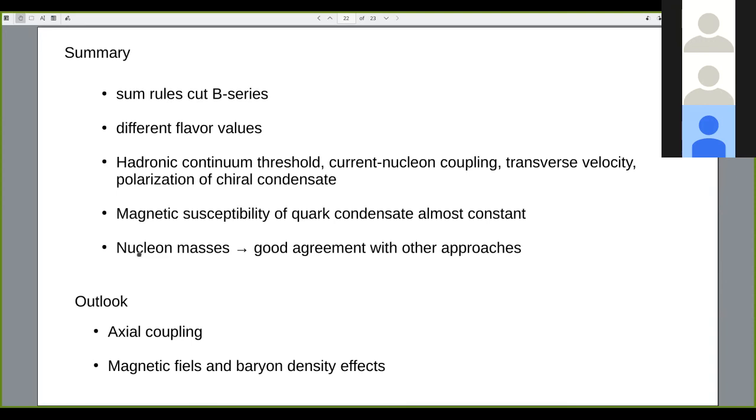Most of the works consider this as constant. We proved that it's almost constant for very large values, and it's in good agreement with other approaches. So our next step is to consider the nuclear axial coupling, to obtain this value, and include the finite density effects to explore the axial coupling in the case of neutron stars. Okay, thank you very much.